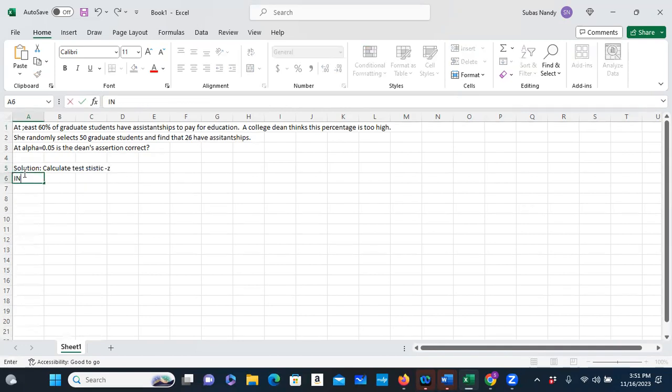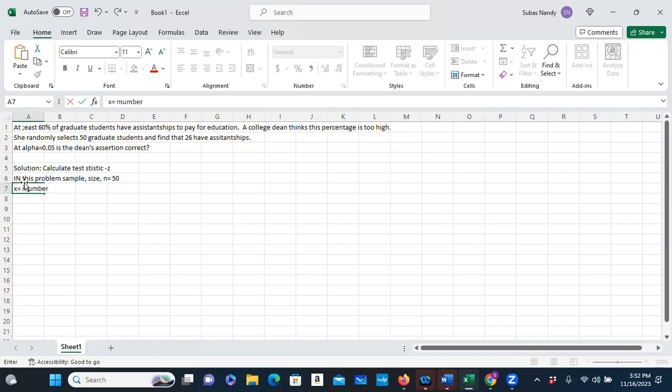In this problem, sample size N is equal to 50, since she randomly selects 50 graduate students, and X is your number of successes.